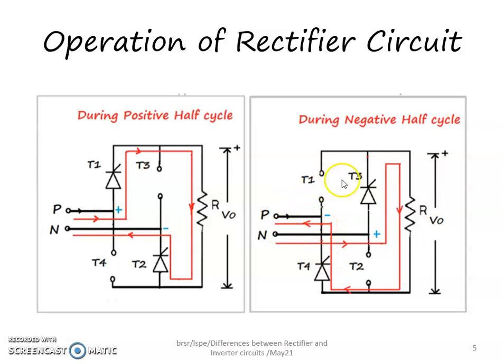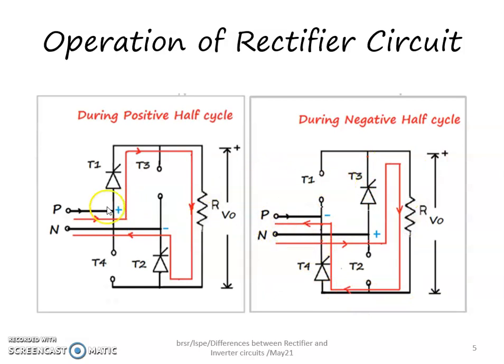So if you see in both the cases, in the load the current flow is in the same direction, that is from up to down, from plus to minus. The current direction is same, whereas the input is bidirectional.